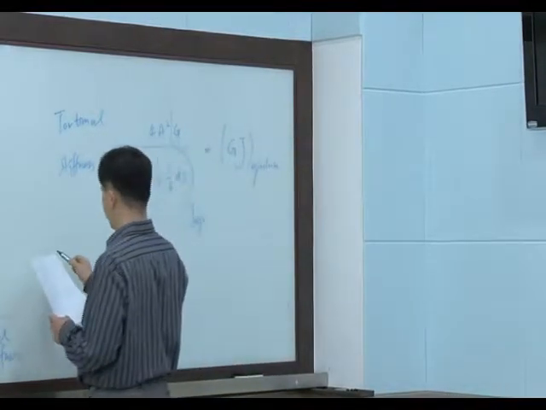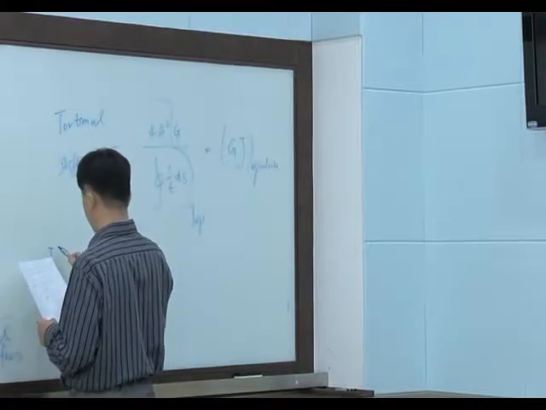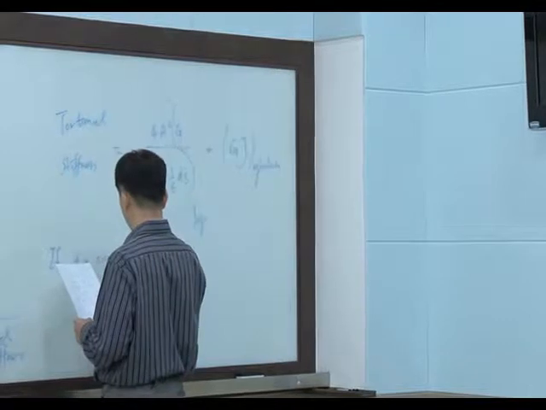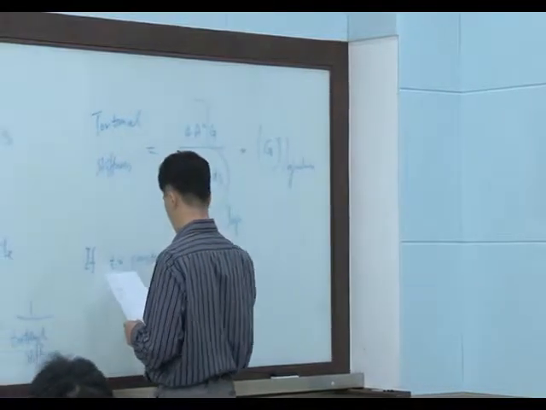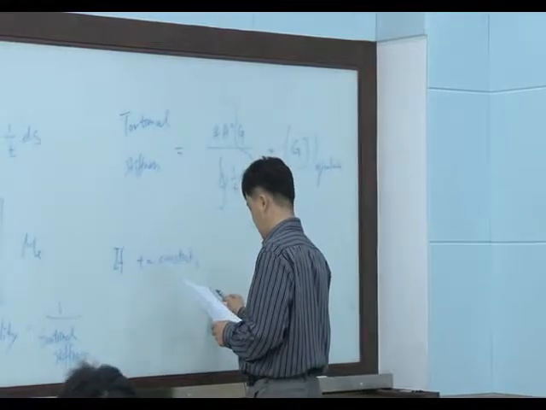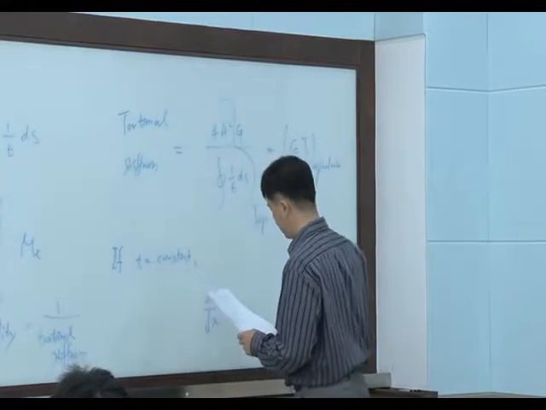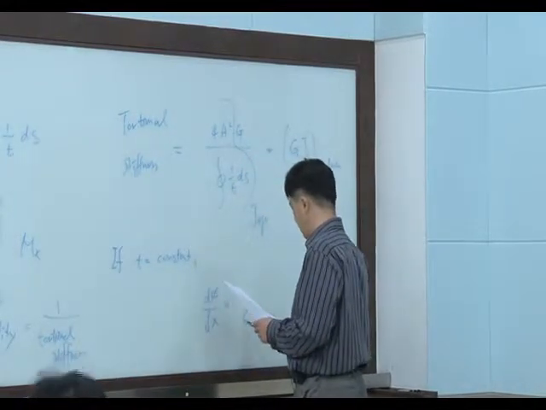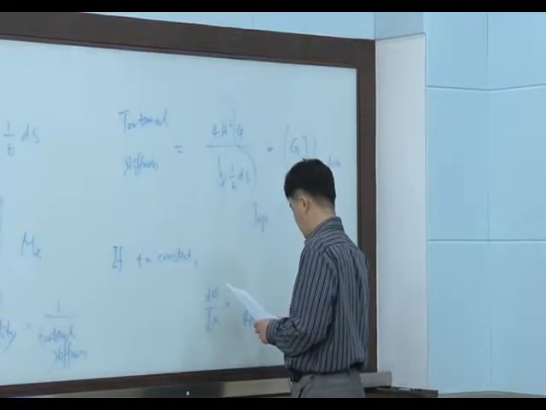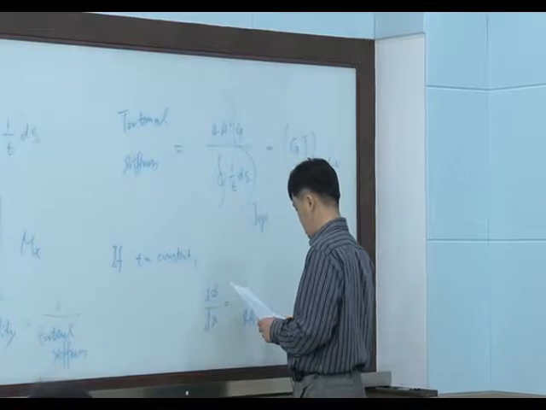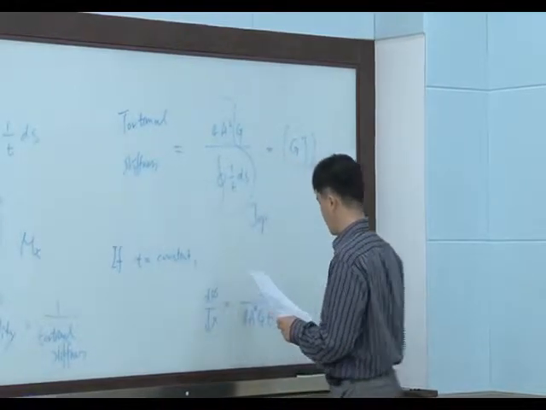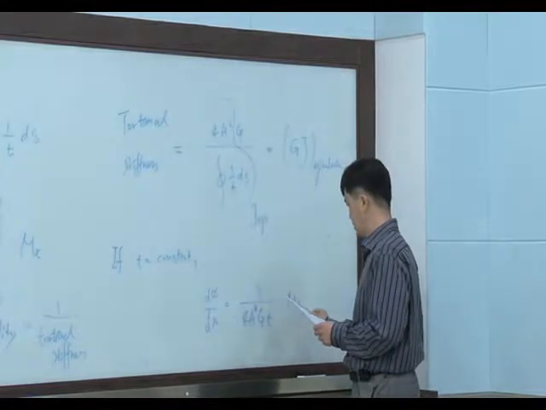And in the special case, if T is constant, dx d pi becomes 4a square G t over s mx.